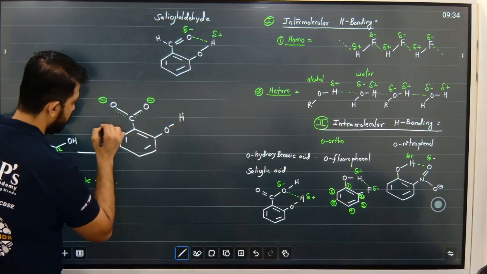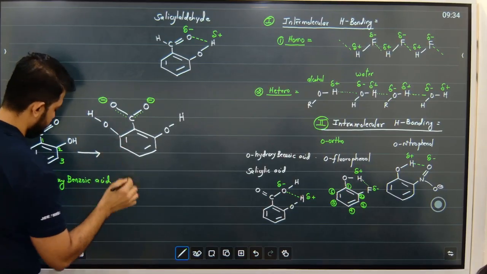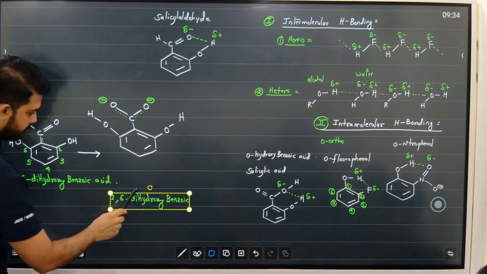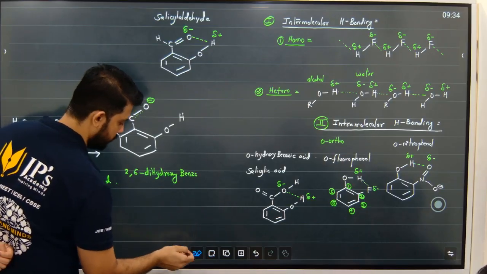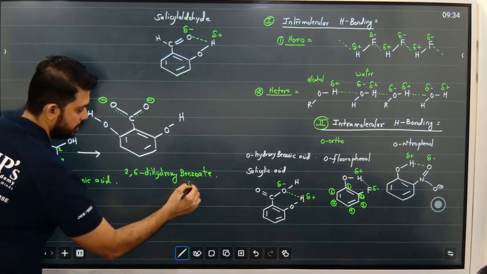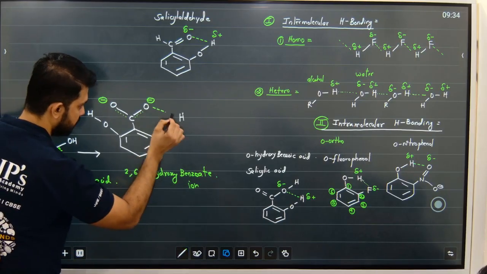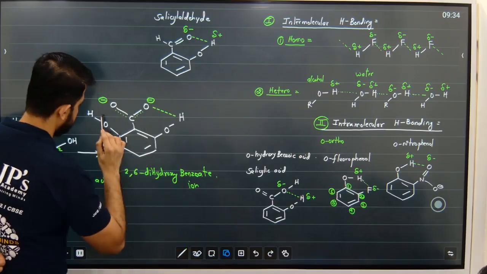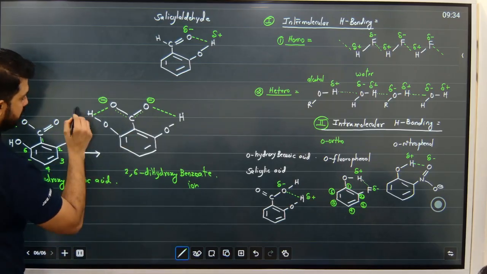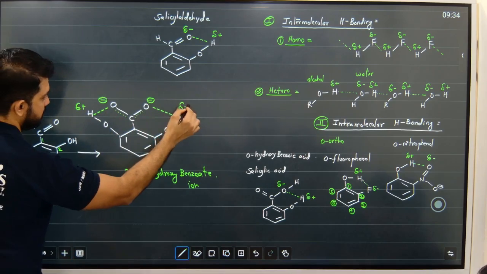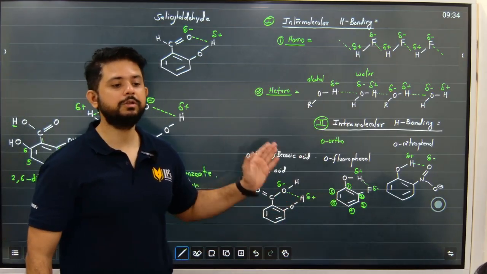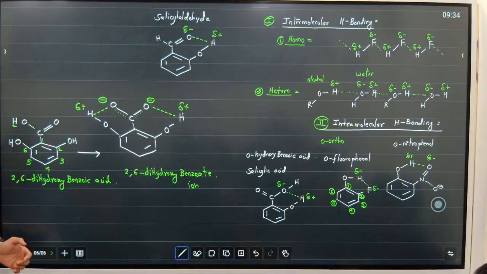We call this 2,6 dihydroxy benzoate ion, and this has not one but two intramolecular hydrogen bonds. So these are the different examples that you need to remember for hydrogen bonding.